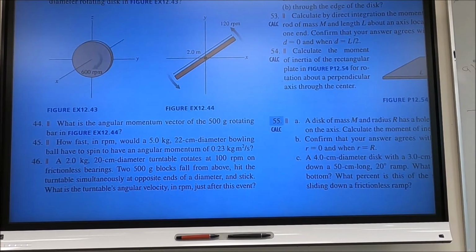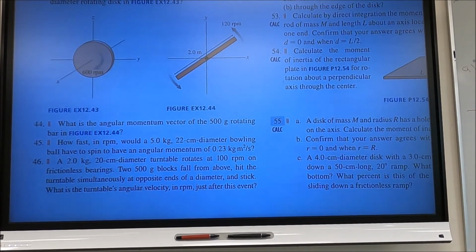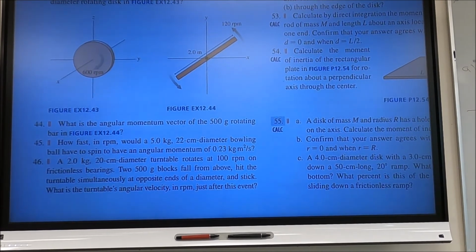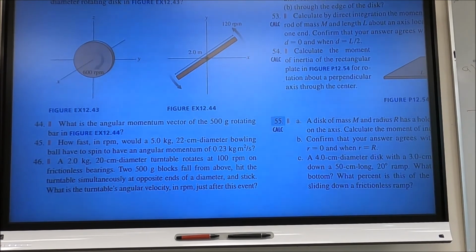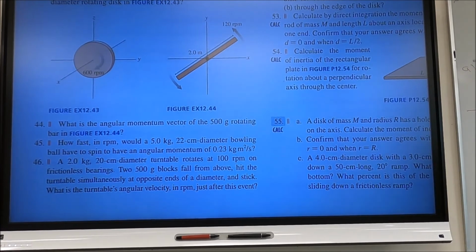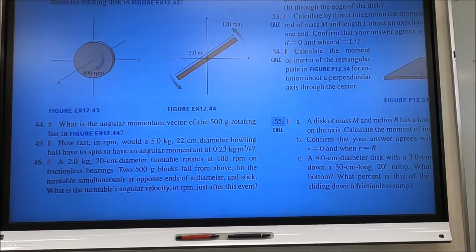It says, what is the angular momentum vector of a 500-gram rotating bar shown in figure 12.44? So we're asked the angular momentum.